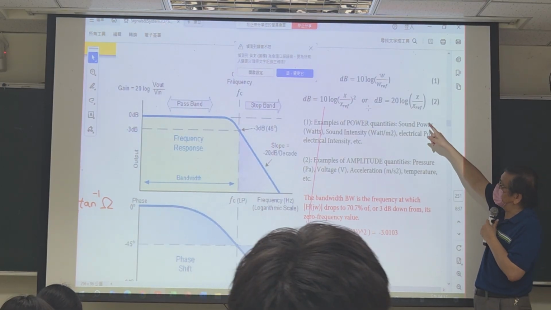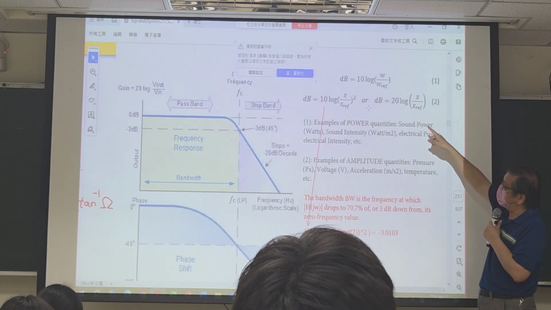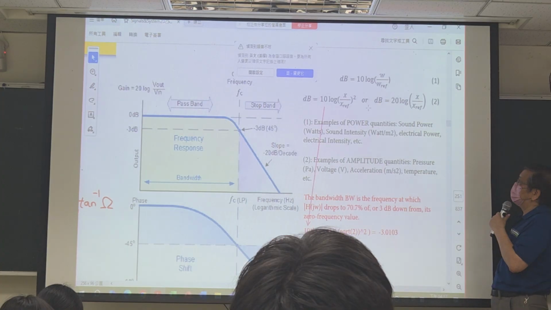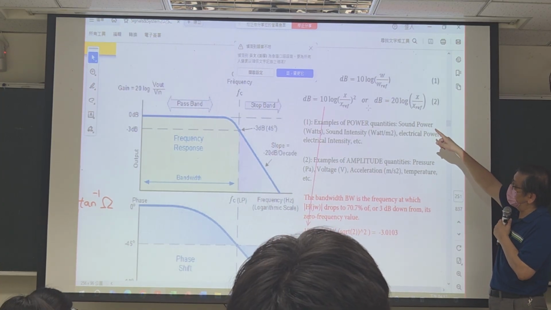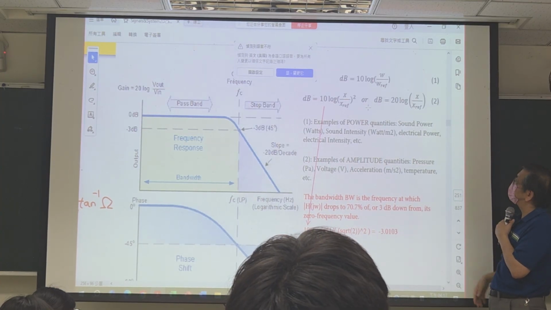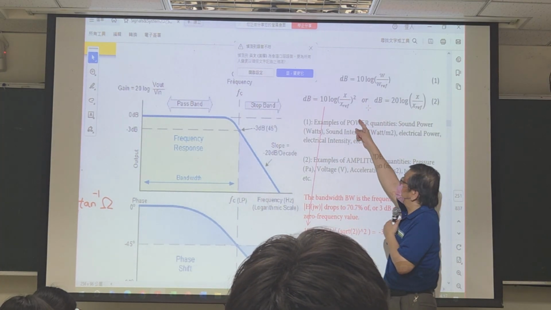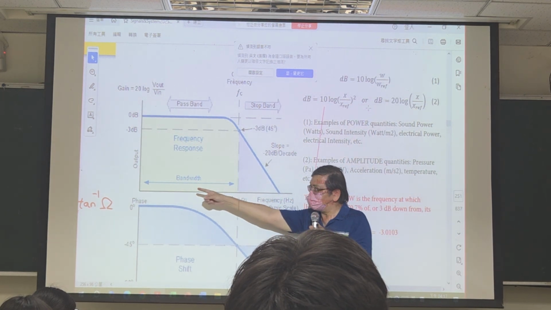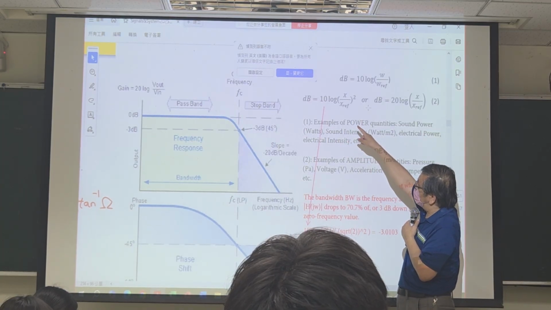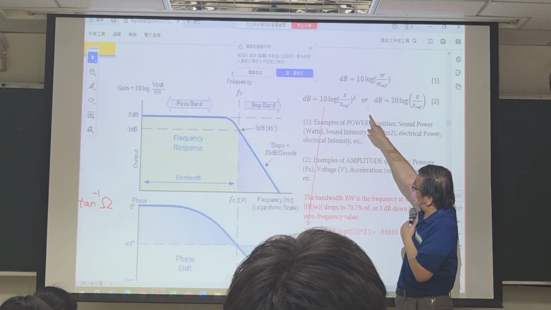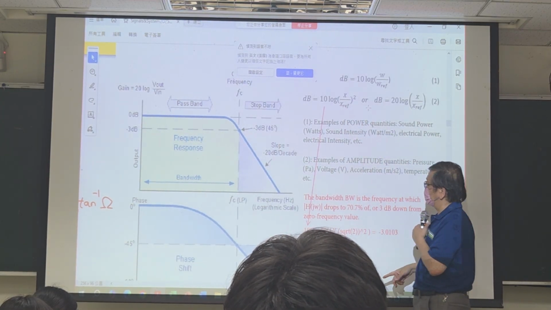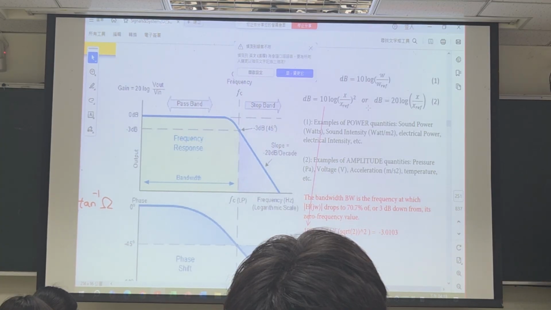First one, if we are considering the power, then dB is equal to 10 times the log, base 10, of W over W reference, or output over input. But if we consider, say, voltage, then dB is given by 10 times log base 10 of voltage output over voltage input, quantity squared. That is the definition for dB.